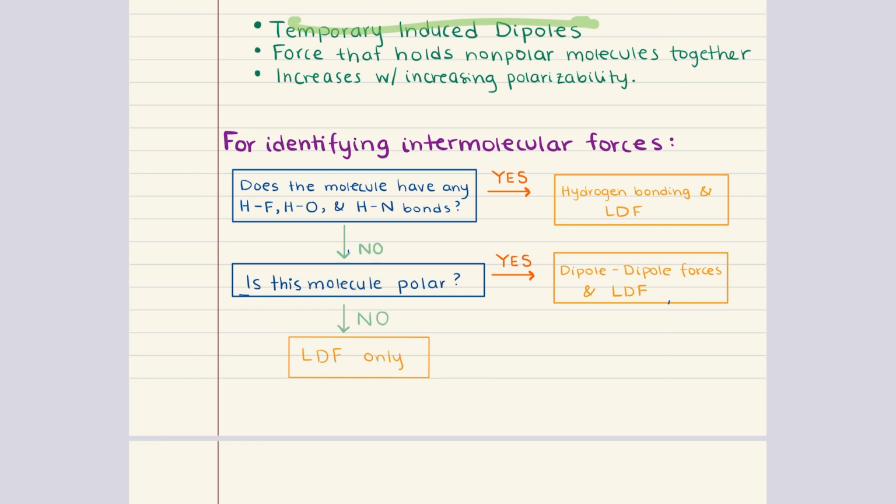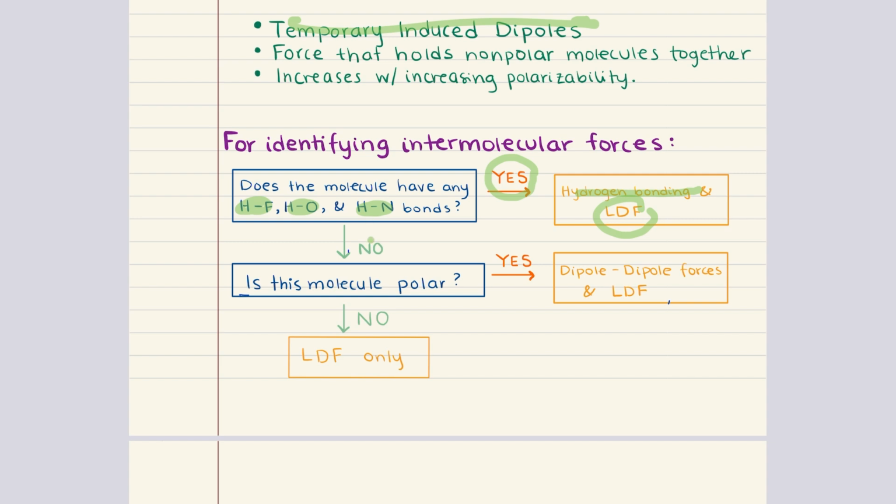The first question you want to ask is, does the molecule have a hydrogen-fluorine, a hydrogen-oxygen, or a hydrogen-nitrogen bond? If the answer is yes, then the forces that are present are hydrogen bonding, which are the dominant forces, and London dispersion forces, because London dispersion forces are always present.